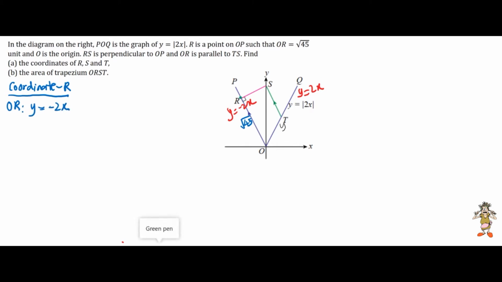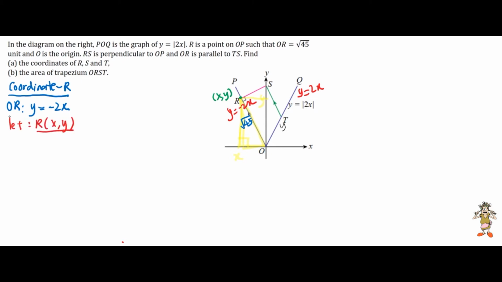Let coordinate R equal x and y, so here is x and here will be y. From x and y here we notice this is a Pythagoras theorem, a right angle triangle.